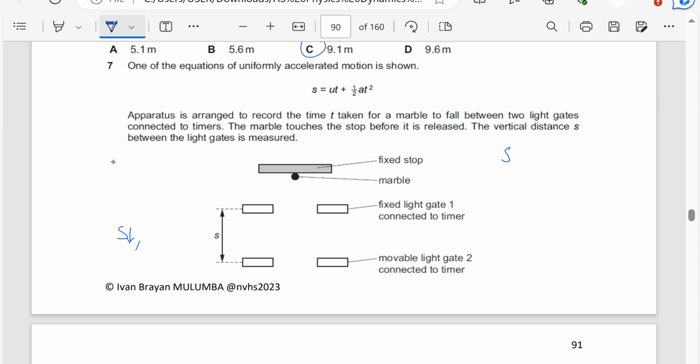So s is equal to half a t squared. The acceleration is constant. Initial velocity is 0 because it's falling from rest. So as s decreases, t also decreases.